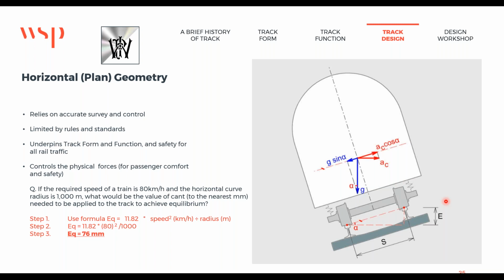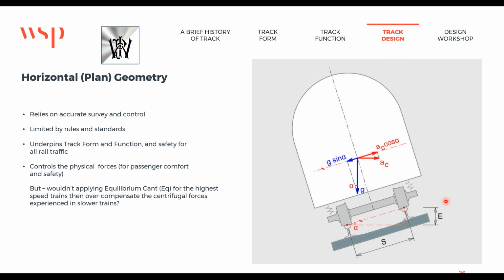So if you wanted to travel around that curve at exactly 80 kilometers an hour, and the curve radius was exactly 1,000 meter radius, then if you raised the outer rail above the inner rail by 76, you would travel round that curve in equilibrium. Your coffee cup would travel neither to the window on the left-hand side nor the window on the right-hand side. It would sit in the palm of your hand and you'd be able to drink it with no problem.